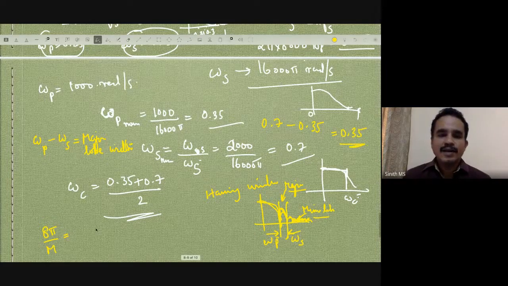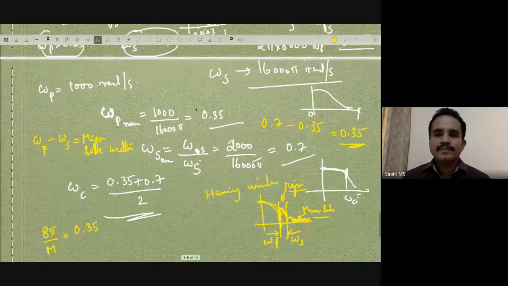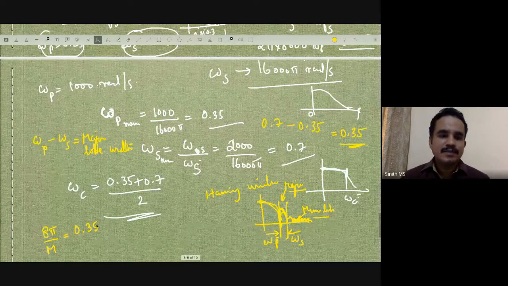So this is to be 0.35, in terms of pi, so you can remove this pi or put pi here.